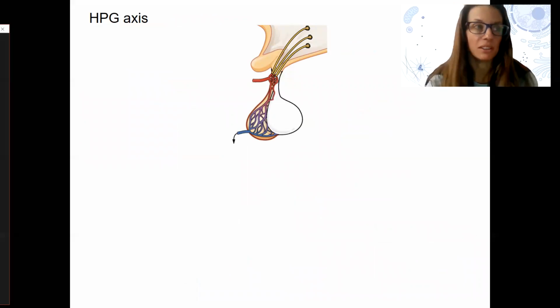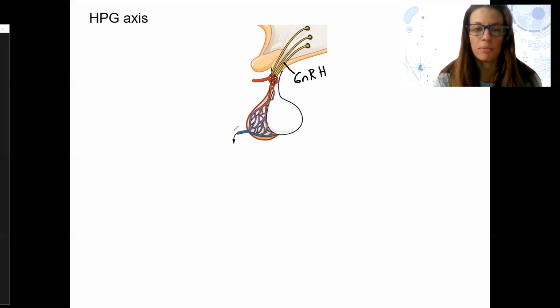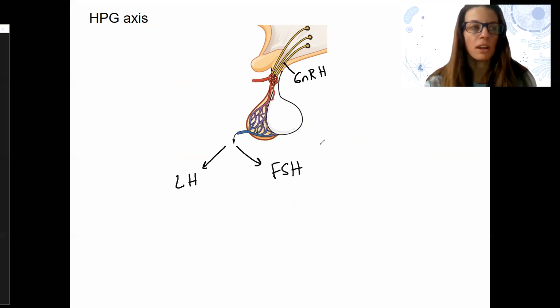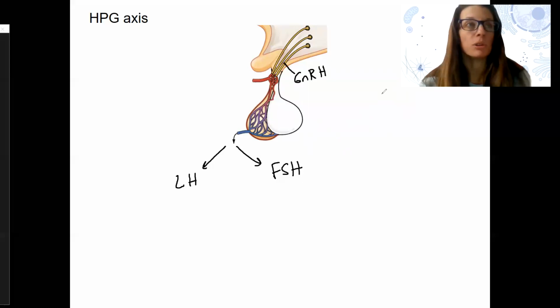Besides, I've drawn in, again, my GnRH producing neurons. And what's being released from here is going to be both LH and FSH, luteinizing hormone and follicle stimulating hormone.